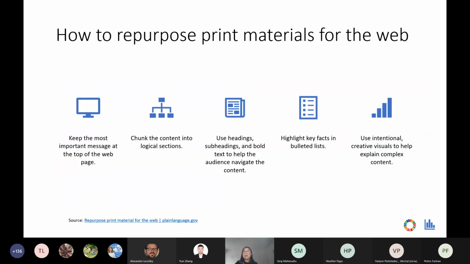So here are some tips that you can use to repurpose your print materials for the web. And I would say you can use many of them even in your PDF, in your print materials, to make it more reader-friendly, audience-friendly, to make it fast, crisp, and engaging.